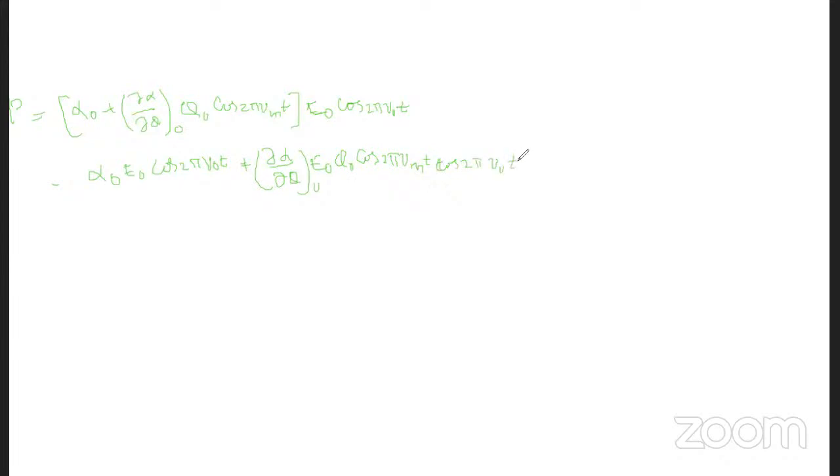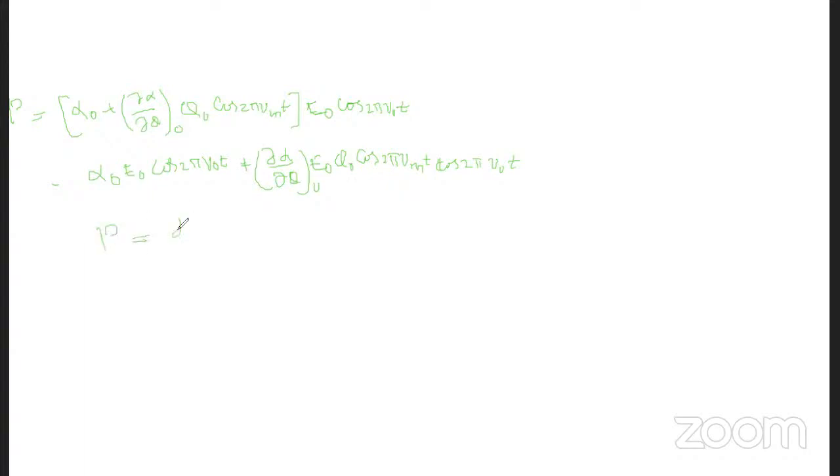Here we can write this in terms of cos A cos B. We have the formula cos A cos B is equal to half of cos of A plus B plus cos of A minus B.